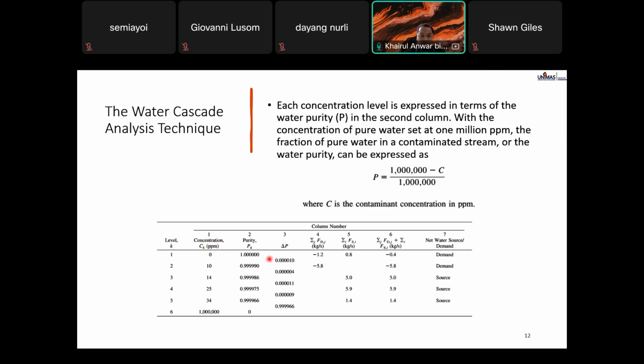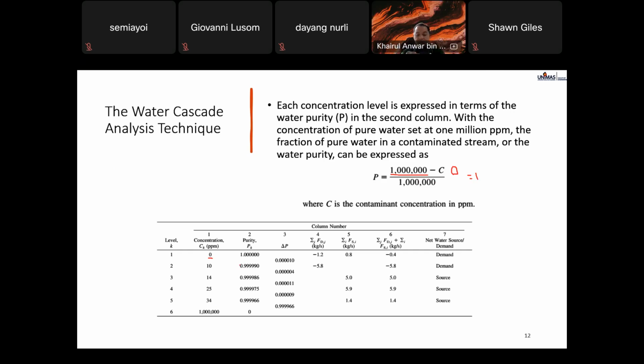So how to calculate this? You have 1 million minus 0 over 1 million, so the 0 is coming from here. So 1 million minus, in this case, 0 over 1 million is equal to what? How about this one?